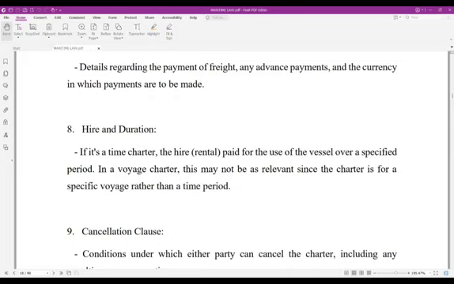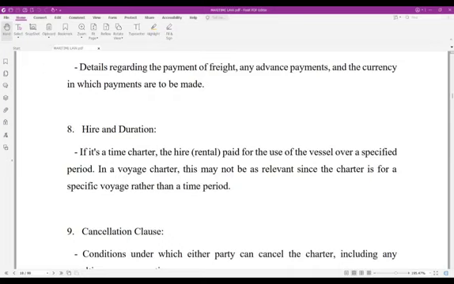If it is a time charter, the hire, the person renting such will pay for the use of the vessel over a specified period.